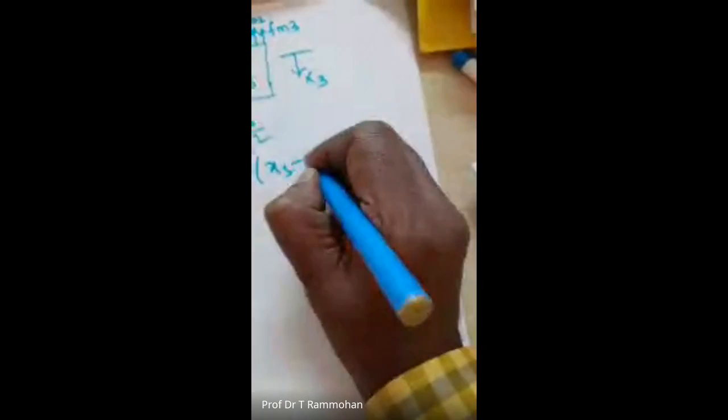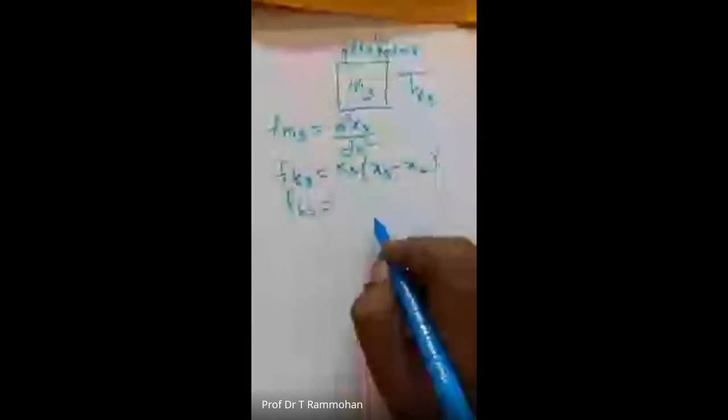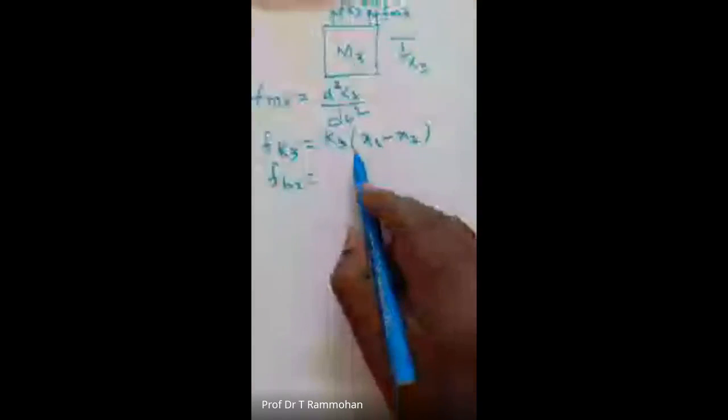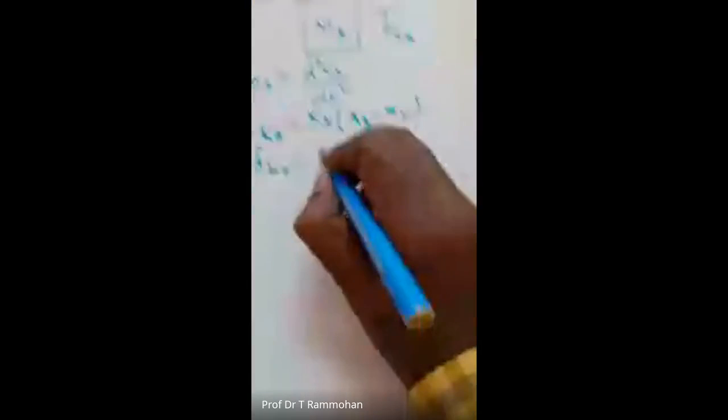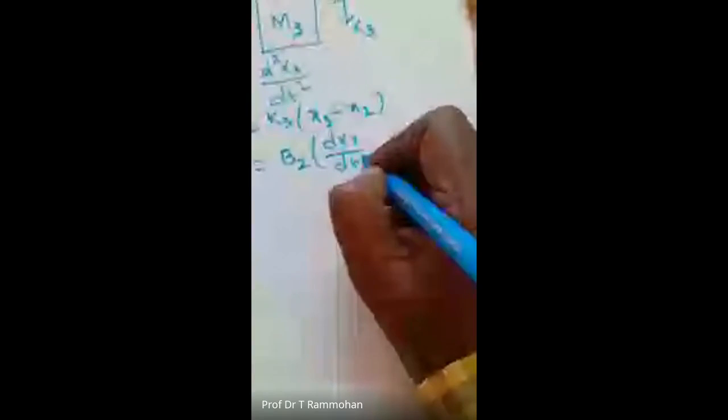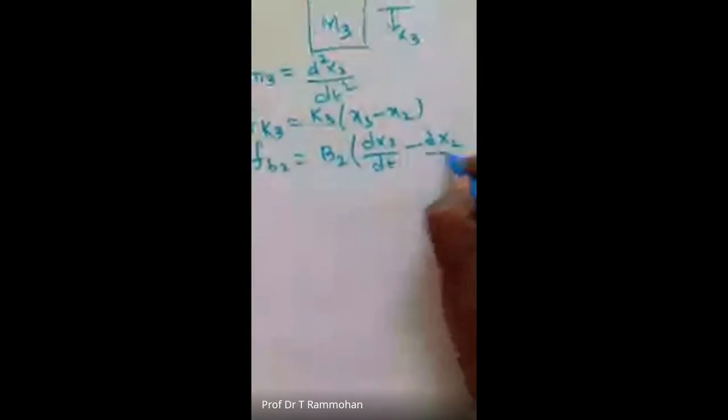So Fk3 equal to K3 into x3 minus x2. And Fb2 equal to B2 into dx3 by dt minus dx2 by dt.